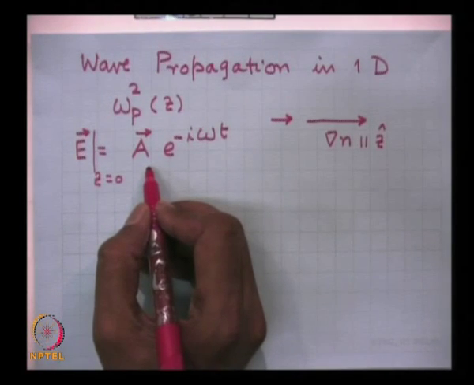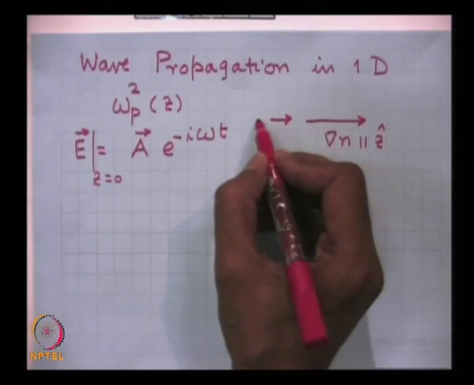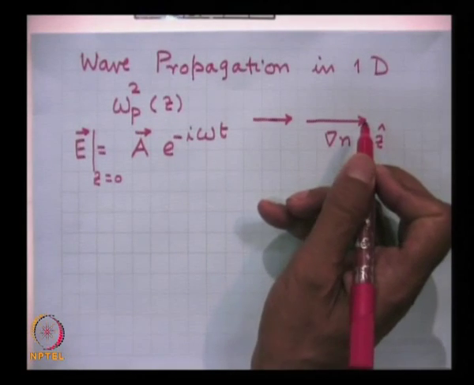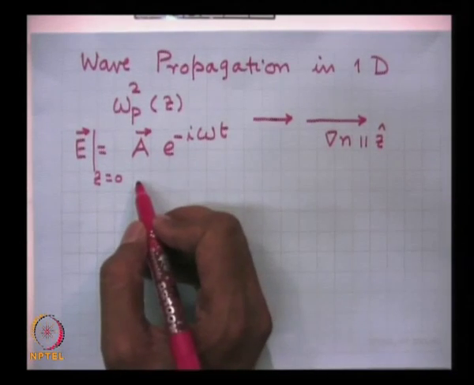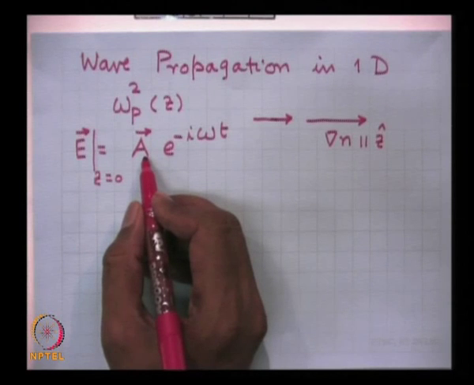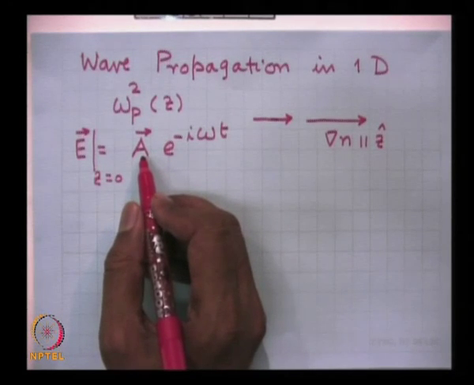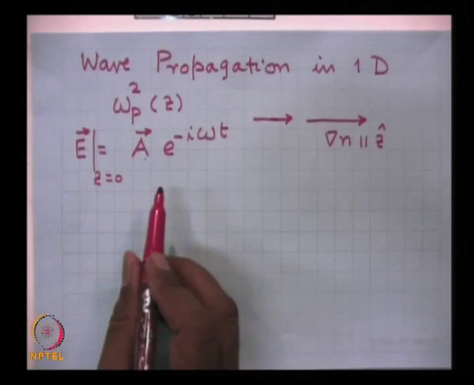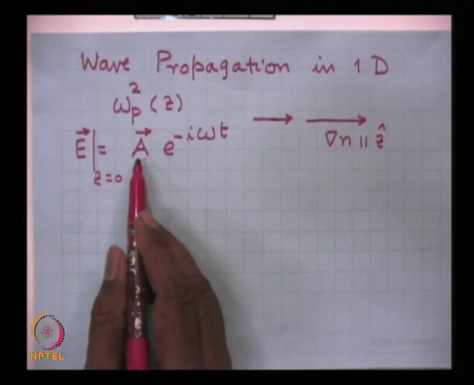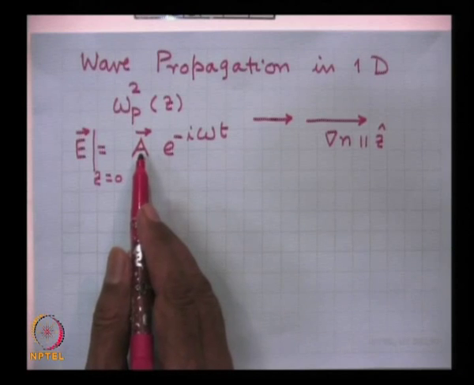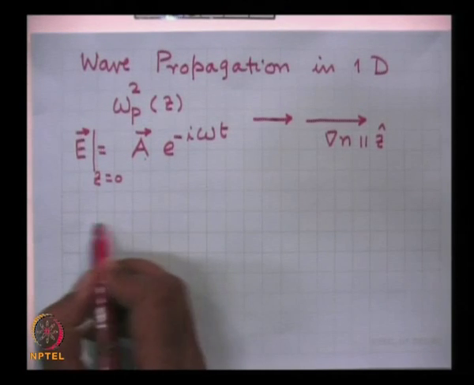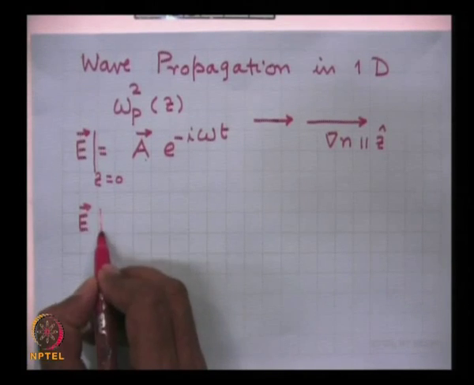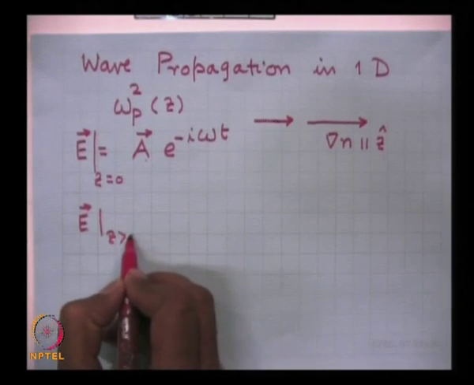To be specific, because I have already learned that when a wave travels in a plasma, the electromagnetic wave is transverse. So, the A vector, the amplitude, has to be either in the y direction or x direction. So, without any loss of generality, I choose my x axis along the amplitude of the wave, or A in the direction of x. So, I will choose this E for z greater than 0.